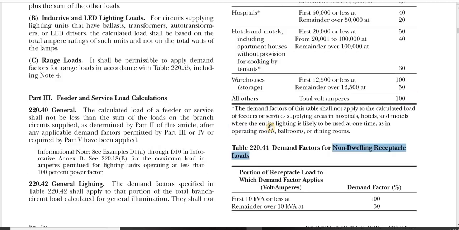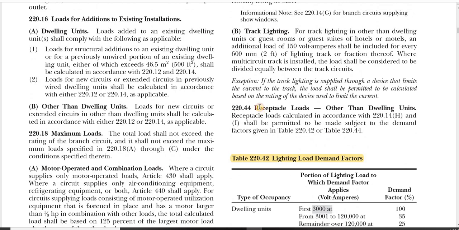And if you go up and look at the actual code language, it'll tell you right here. It says other than dwelling units, because I can't use it on dwelling units. It says receptacle loads calculated in accordance with 220.14(H) and (I) shall be permitted to be made subject to the demand factors given in Table 220.42 or Table 220.44.